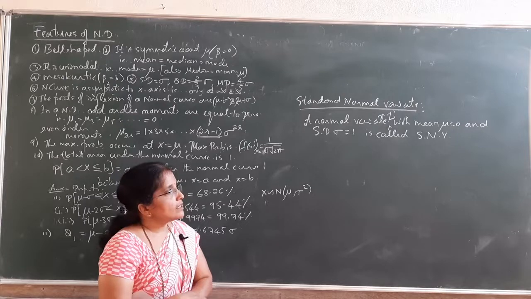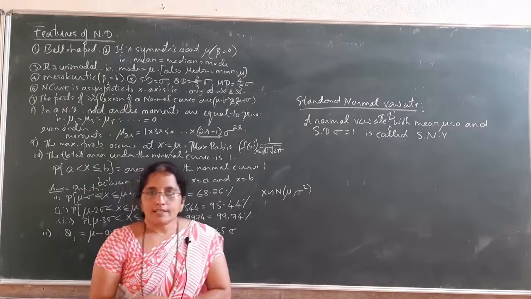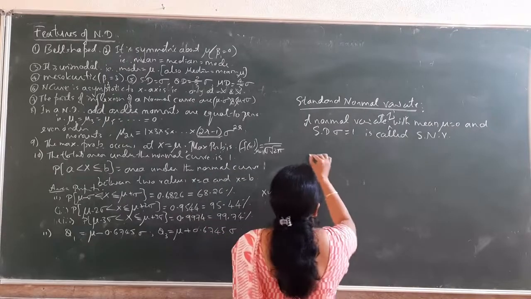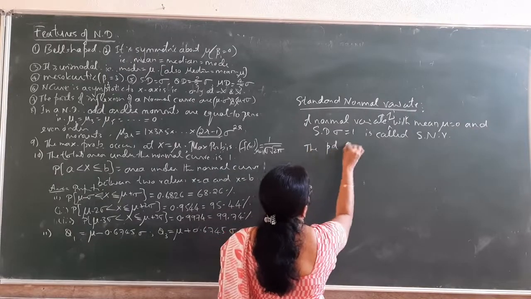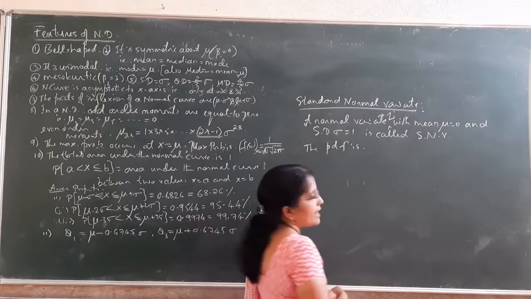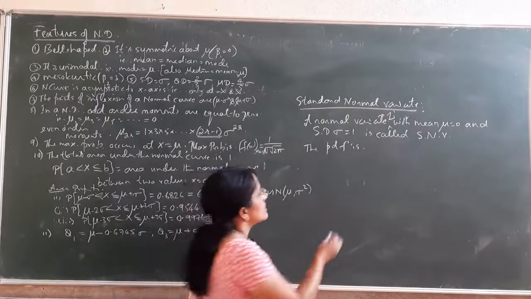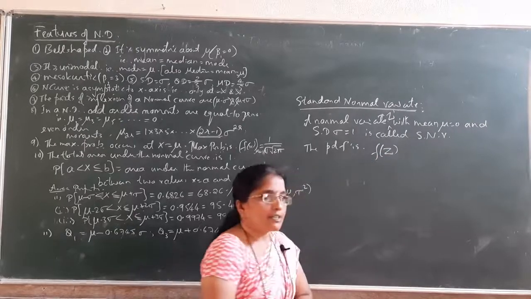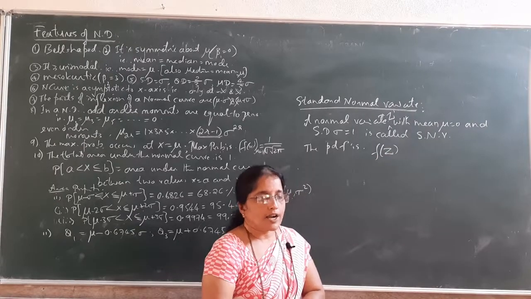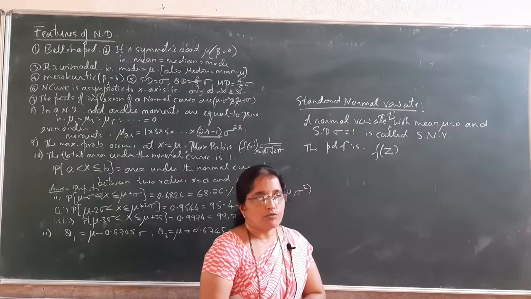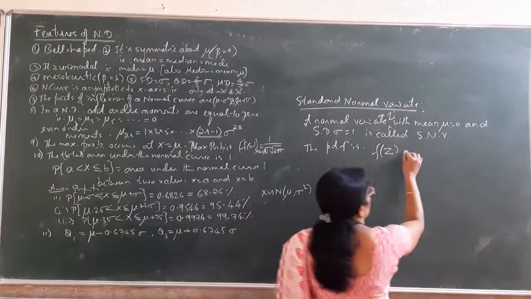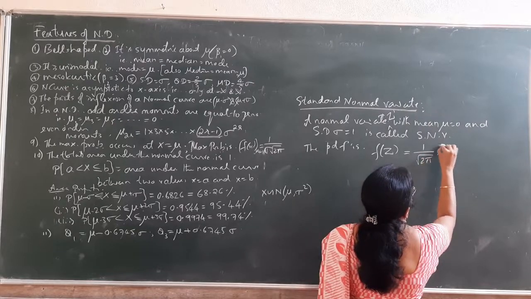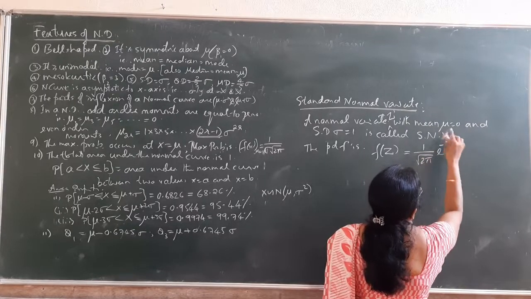Right? Next, the probability density function of a standard normal distribution is given by f of Z. Here we must write Z, the random variable is Z, standard normal variate, the notation used is Z. So, f of Z is equal to 1 by root 2 pi e power minus Z square by 2.